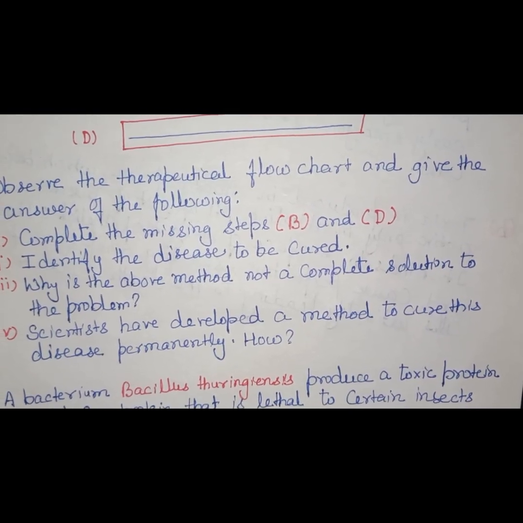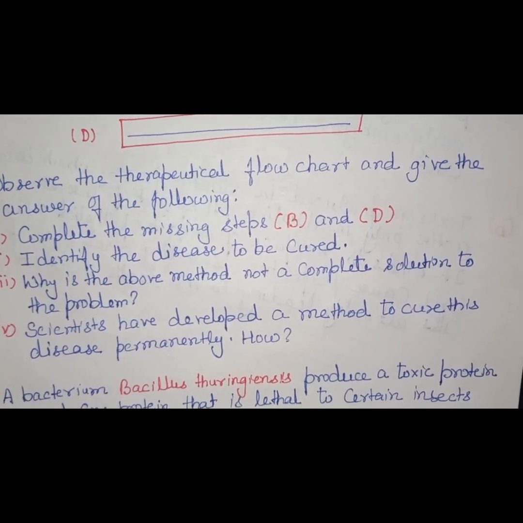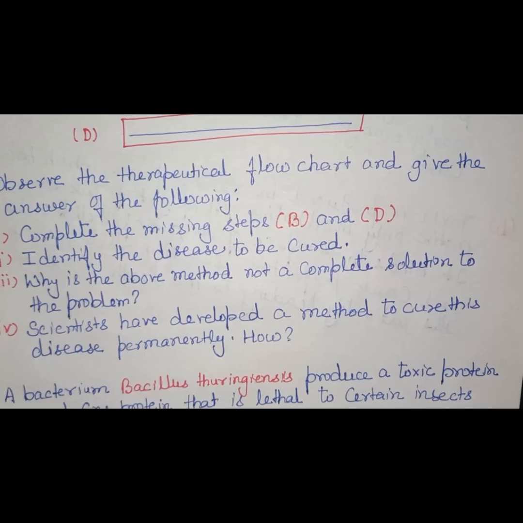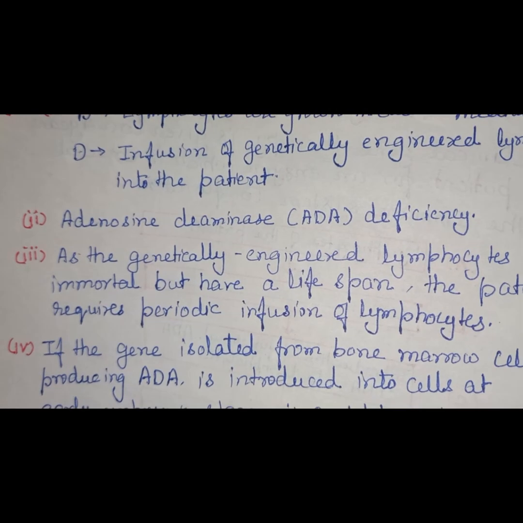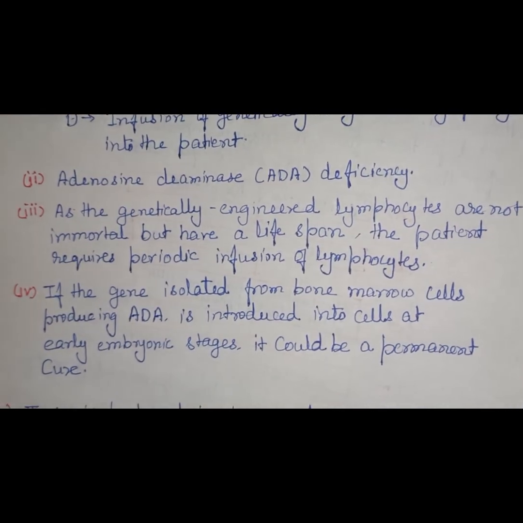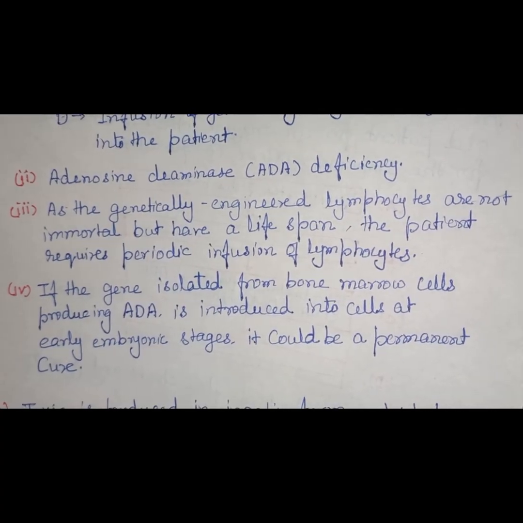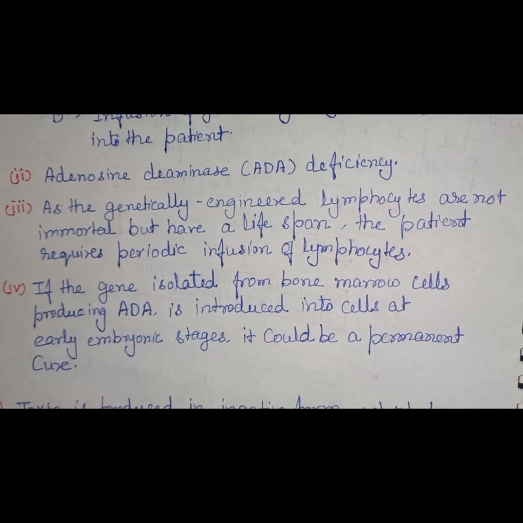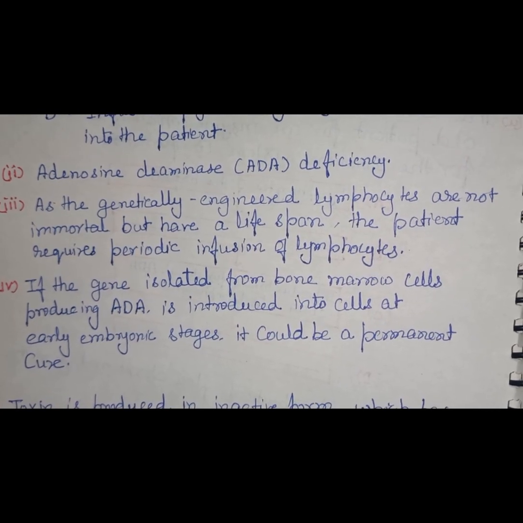And the next question also says that scientists have developed a permanent method for the cure of this disease. How can this be possible? As the genetically engineered lymphocytes are not immortal, but have a lifespan, the patient requires periodic infusion of lymphocytes.